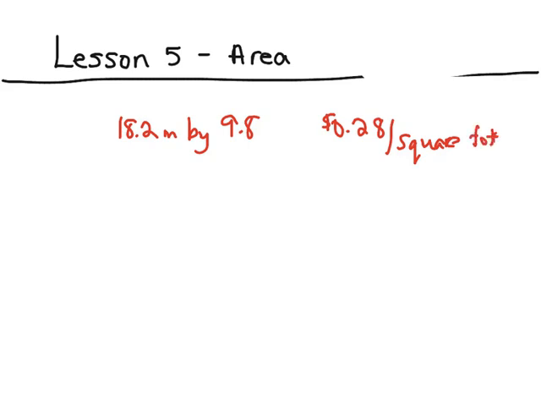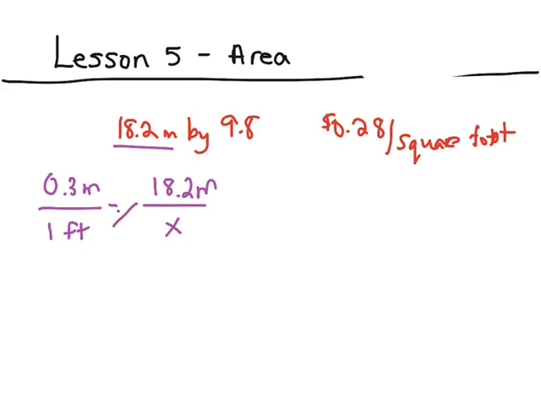So we have this in meters right now, so we want to change each of them to feet. So we know that 0.3 meters is equal to 1 foot. And we have 18.2 meters, and we're going to convert this number first. So when we cross multiply and divide, we get x to equal 60.67 feet.